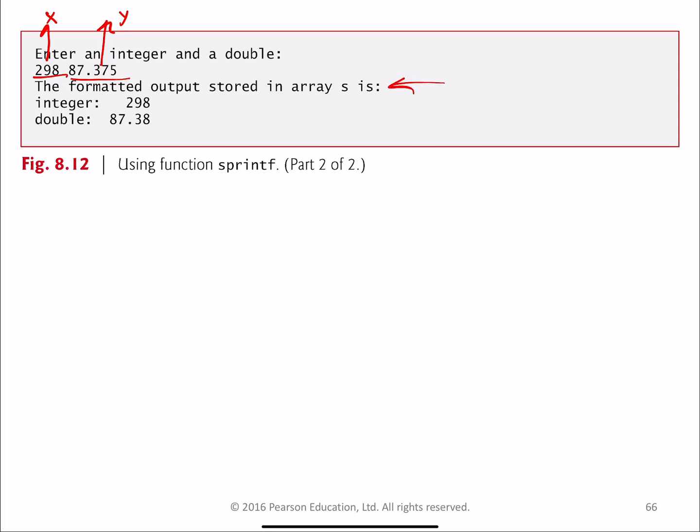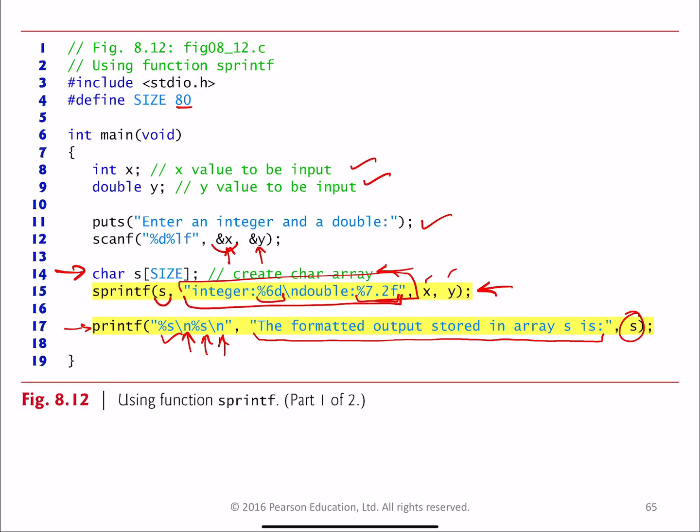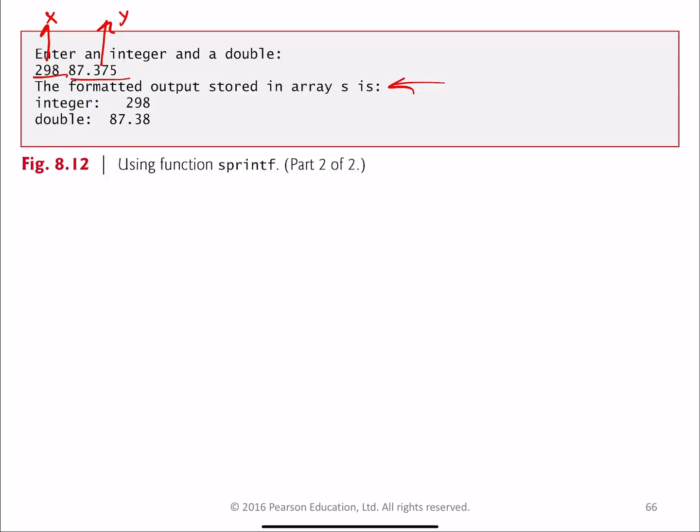We read those in using scanf, then we call sprintf, and finally call printf to see what we just printed, and that happens to be: the formatted output stored in array s is integer 298.